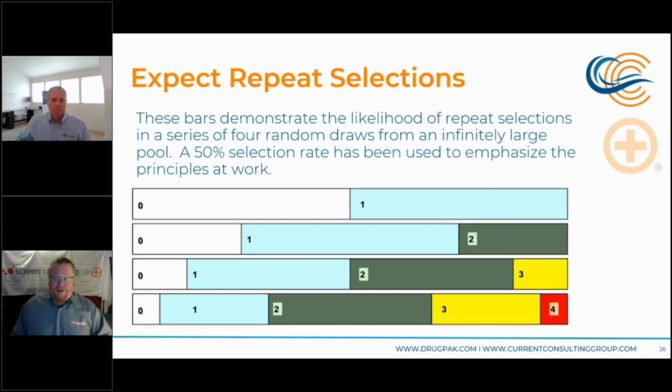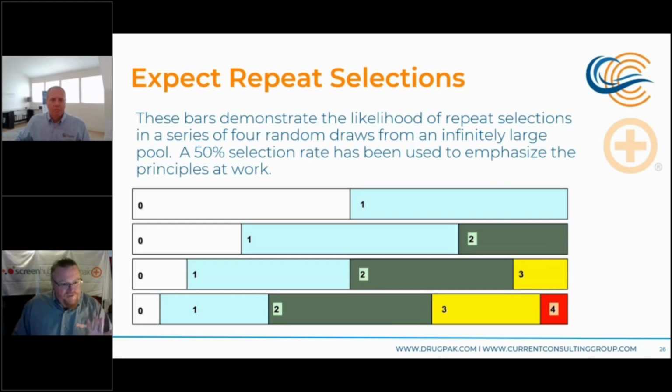So with a sufficiently large pool, you can expect with certainty that some people will have been selected every time. And even though the selection rate was 50%, the chance of being selected 50% of the time is actually less than 50% of the time. It's more likely that you would have been selected more or fewer times than 50% of the time.